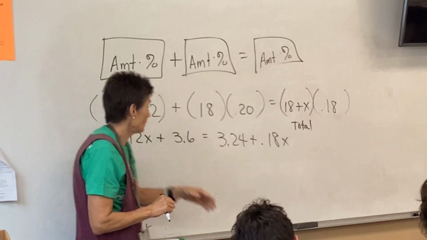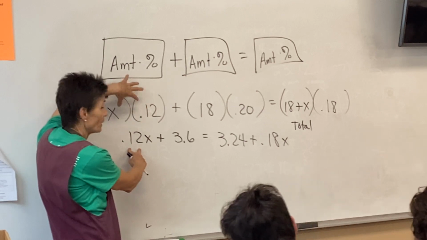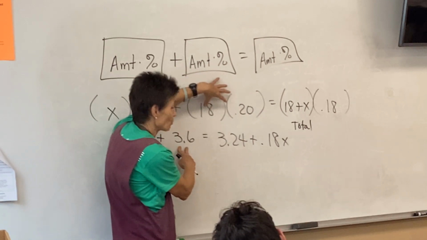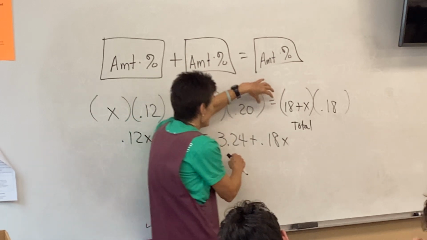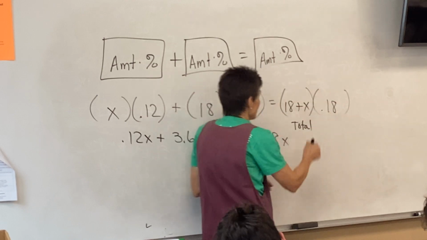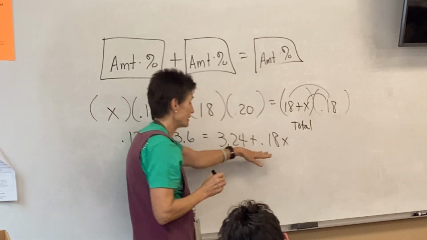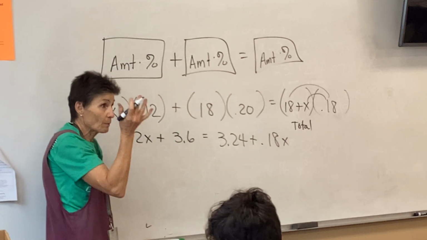Okay, so remember, it's amount times percent, so that's why this is 0.12X. Amount times percent, that's 3.6 on my calculator. Amount times percent. This one is a distribute, so that's how I got this. Alright, now we're gonna solve it.